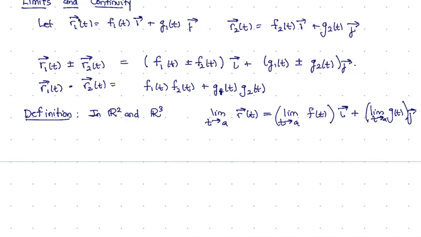That is to say, in our case, if we're considering distance, we're actually considering the norm, or the Euclidean norm, between r of t and some vector L, which is the limit of our function, and that this distance is getting closer and closer to 0 as t is made closer and closer to a. As the distance between t and a gets close, the Euclidean norm, which is the distance between 2 points in R2 and R3, is getting smaller.